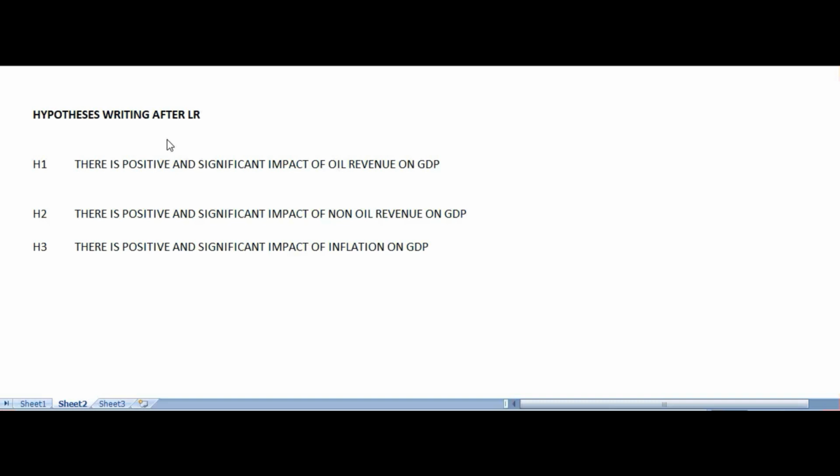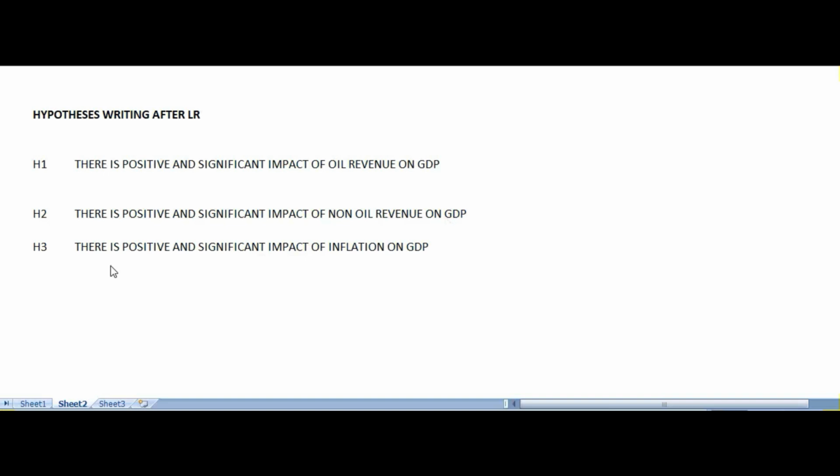We assume that our independent variable will impact the dependent variable in this way. First, we assume there is a positive and significant impact of oil revenue on GDP. Our second assumption is there is a positive and significant impact of non-oil revenue on GDP.